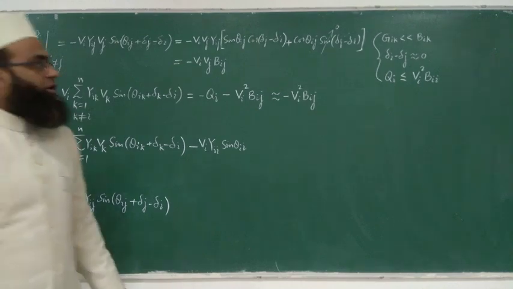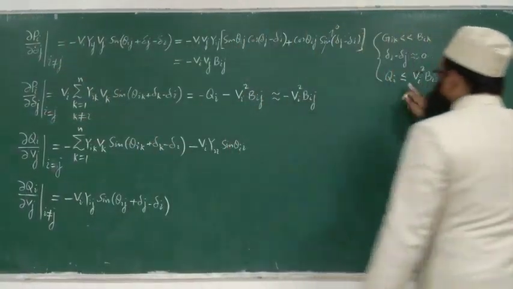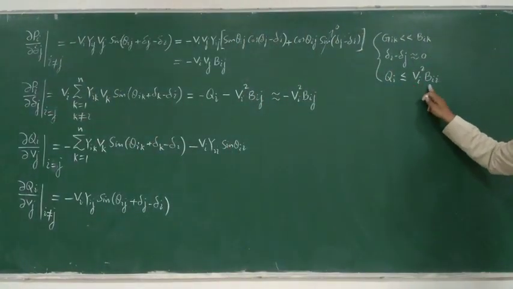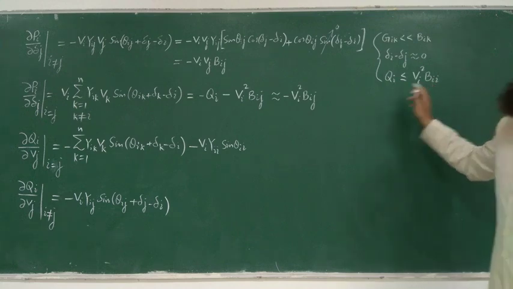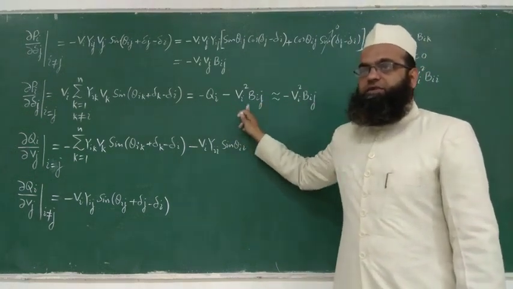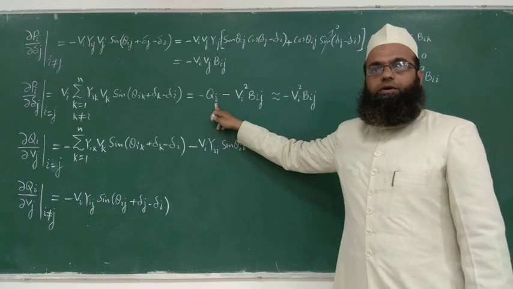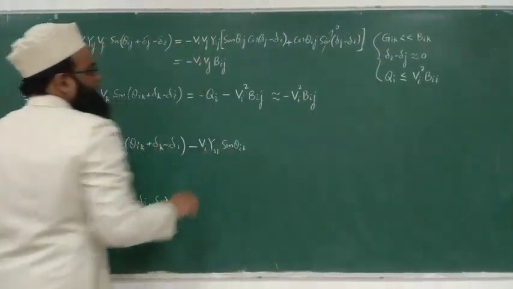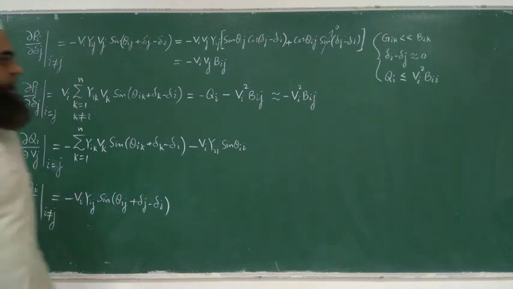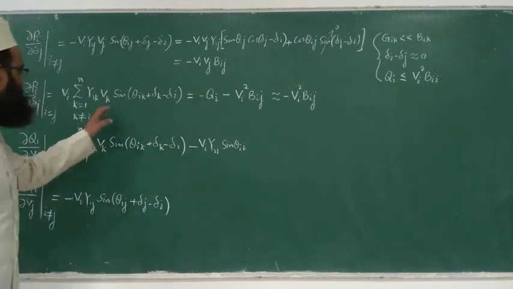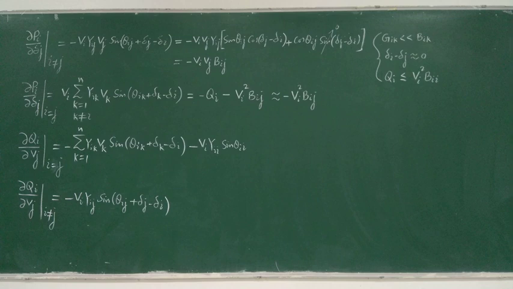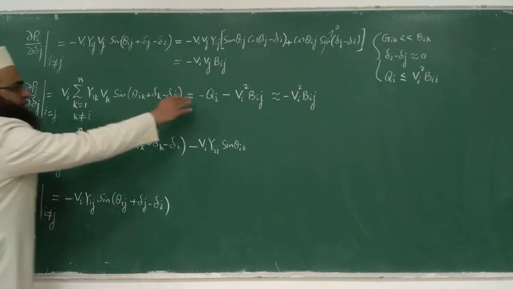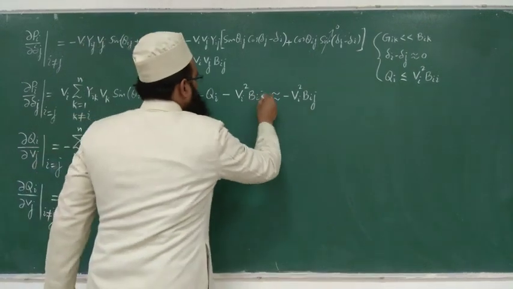Why? Because our third assumption is that Qi is very, very much less than this, so this term is very, very much less than that and we can ignore it. So finally we will get this, with Bii. We are subtracting the ith term, right? K is not equal to i, so from Qi we are subtracting the ith term. So Bii.